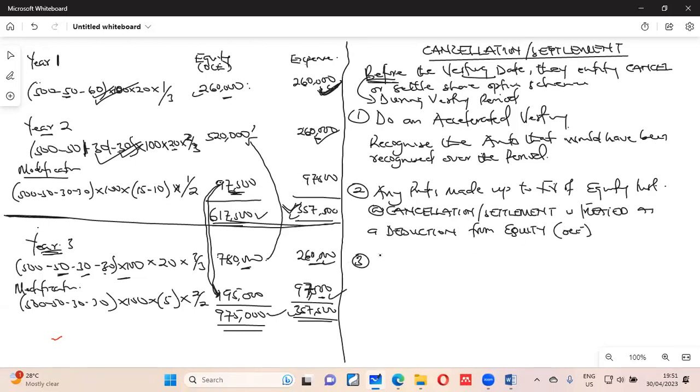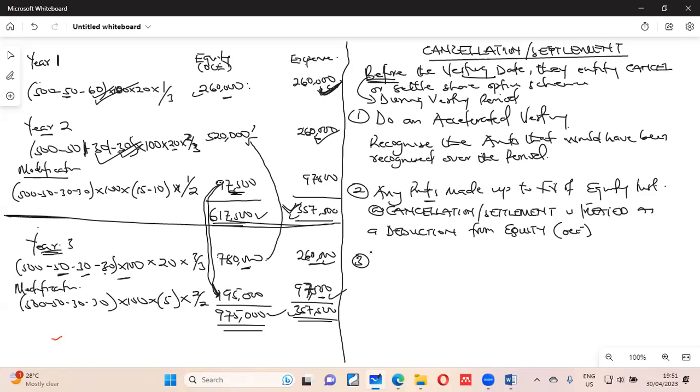Now, the last thing you do is that if the payment was made in excess, then that excess is treated. So this payment that you made, if the payment was in excess of the accelerated amount that you recognize, that excess will be treated in the P&L. All right.